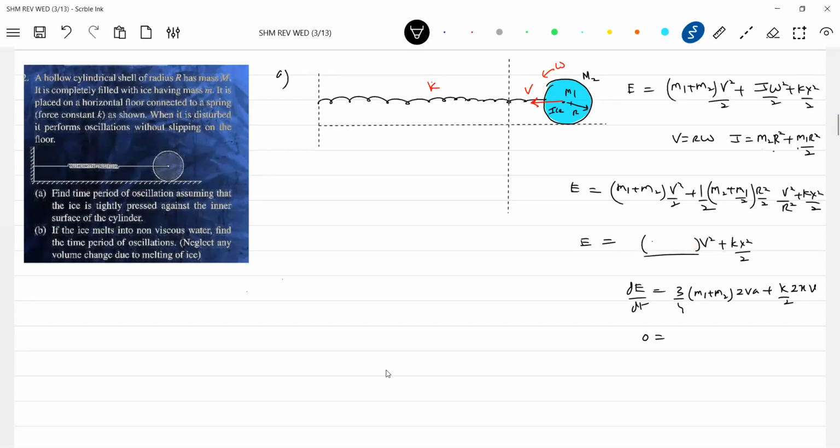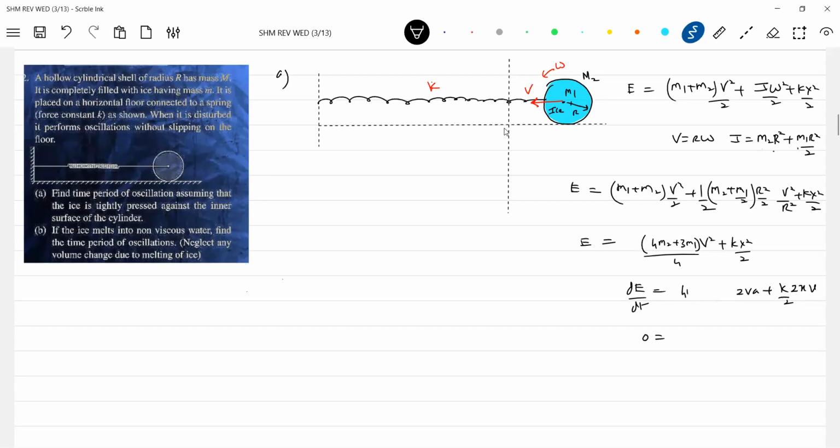How much will you get here? Four M2 plus 3M1 by 4. Yeah, okay, this one. Four M2 plus 3M1 by 4. I didn't see that M1 by 2 earlier.